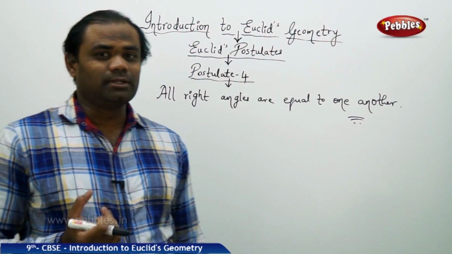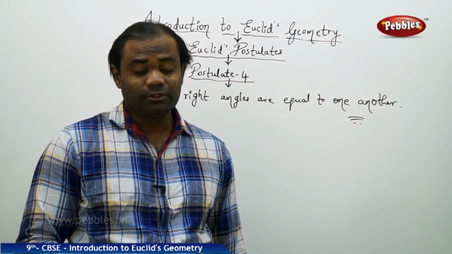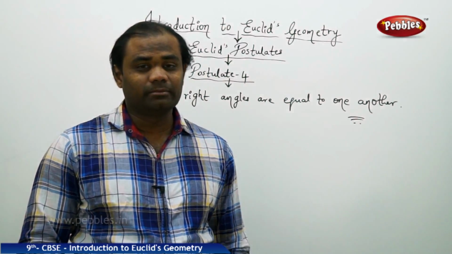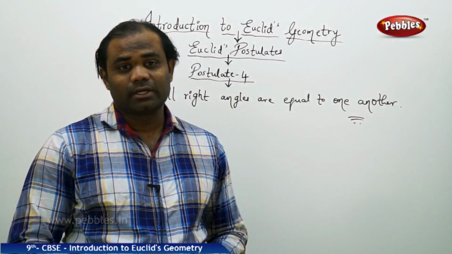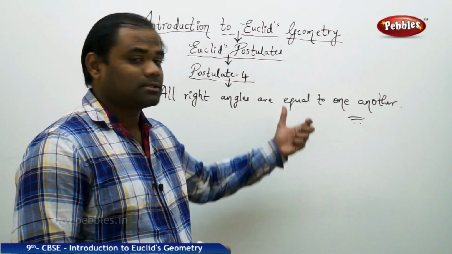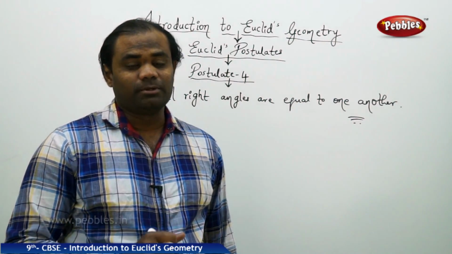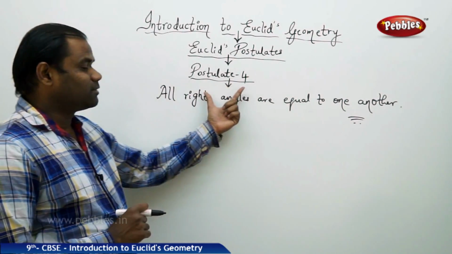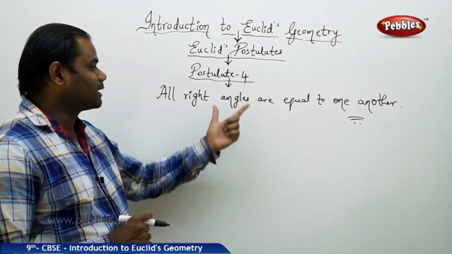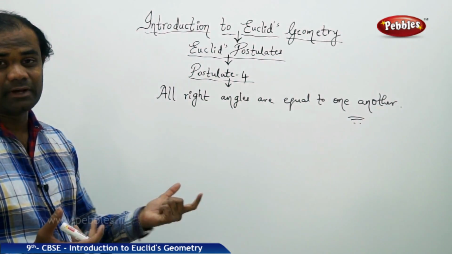This might look very silly in modern times, but it is very important that during those times, when mathematics was very limited in its knowledge, this was a very great invention, as with postulate number 4 by Euclid. This is to be taken into mind very seriously. So postulate 4 says all right angles are equal to one another. Let's see how we can justify the statement.